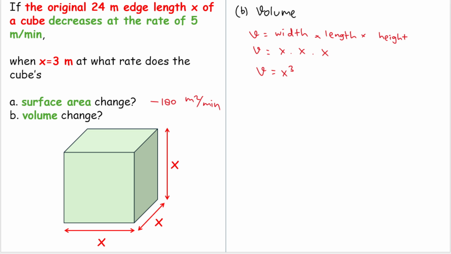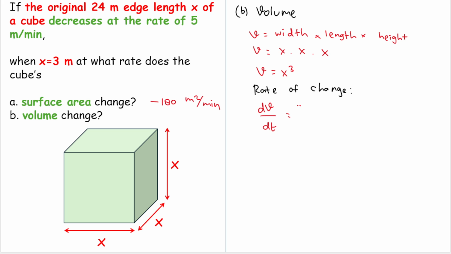But we need to find out the rate of change, right? What is the rate of change? It is the derivative of this volume over time. However, on the right hand side, we have only x variables here.